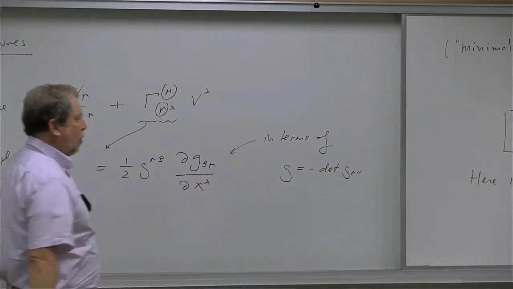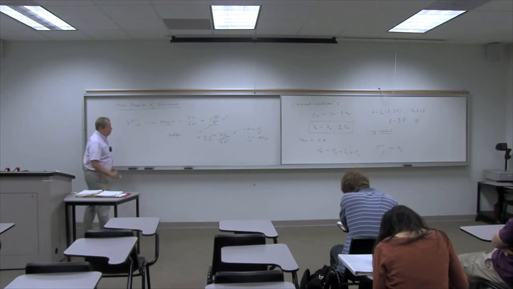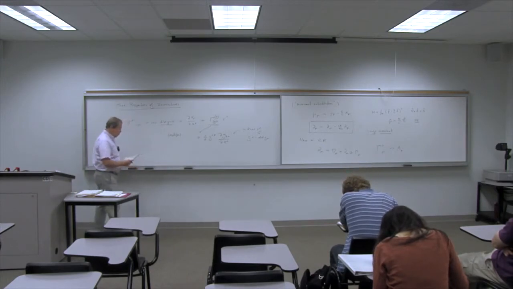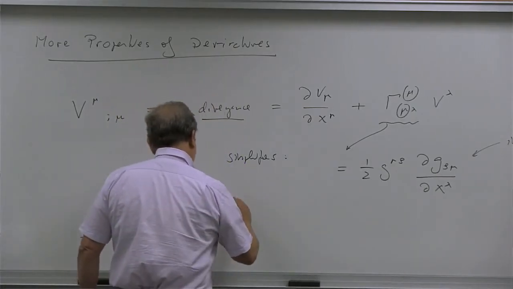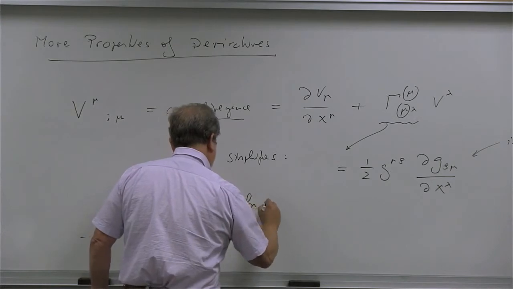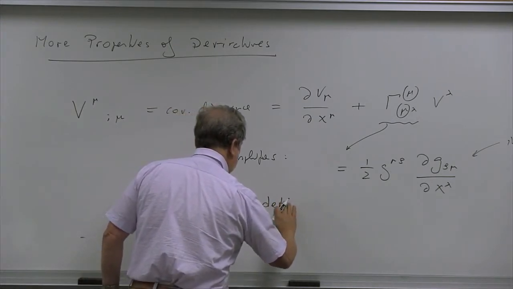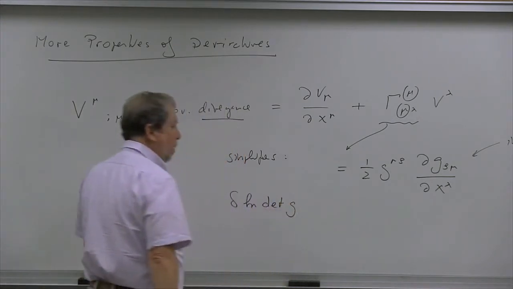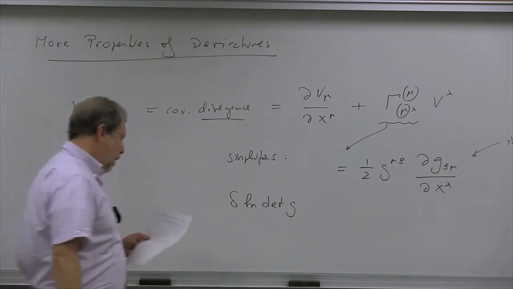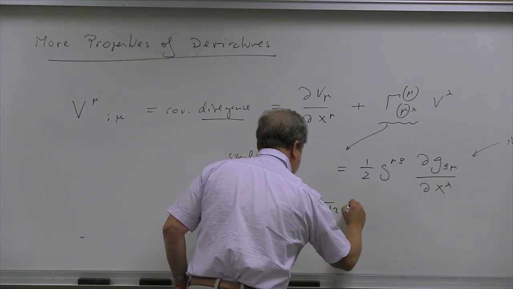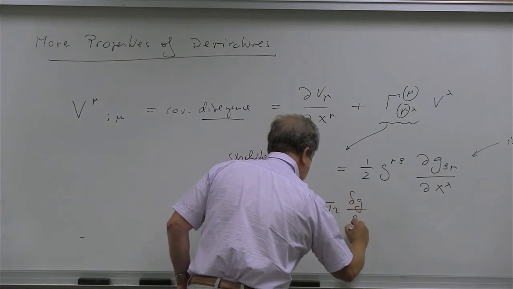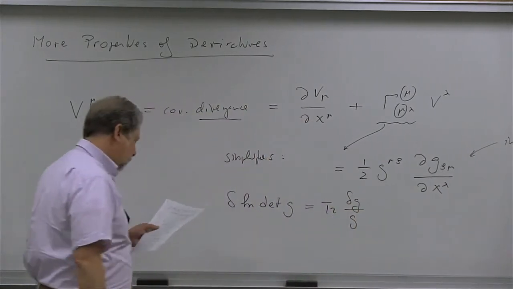Can be written in terms of this quantity g that we define to be minus the determinant of the g mu nu, the g mu nu regarded as a 4x4 matrix. And the result is based on the fact that the variation of the log of the determinant of the metric g mu nu is equal to the trace of the variation of g with respect to g itself, or the inverse.